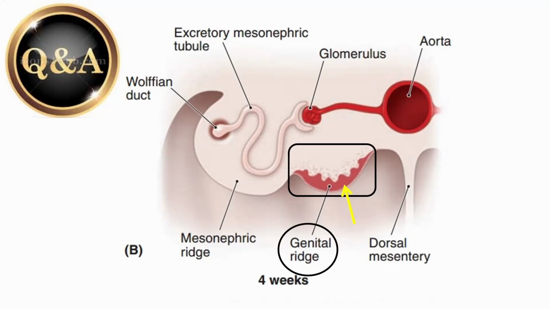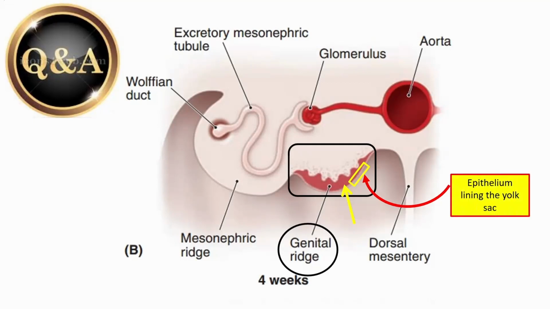And what is this arrow indicating? It is indicating that the cells of the endoderm are going to invade the mesoderm and start collecting cells on the inside of the genital ridge. These things happen in week 4 of the beginning of fertilization.